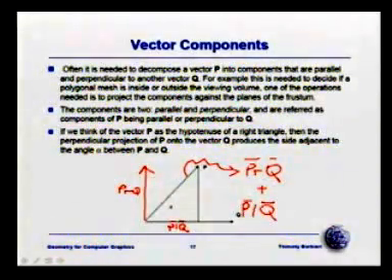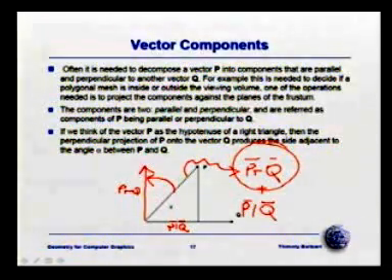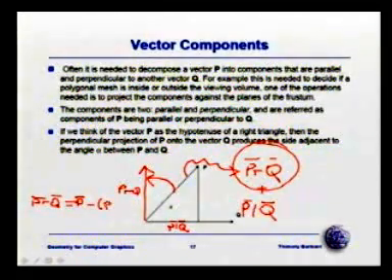So if I know P already, to get P perpendicular to Q, I just take P and I subtract from it P parallel Q. And this I get the result. That is something like this: P perpendicular Q is P minus P parallel Q. This is clear. This is how it should be.